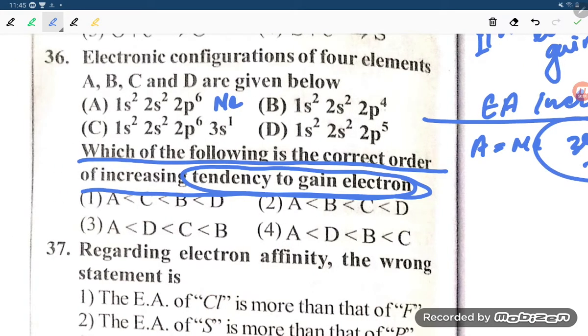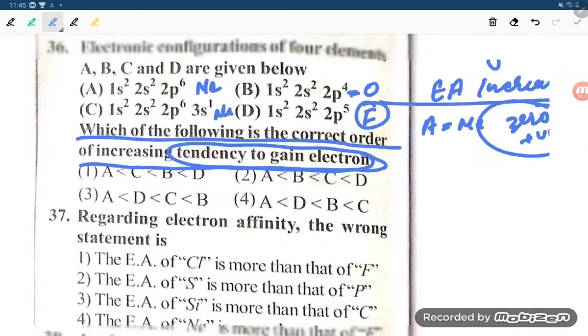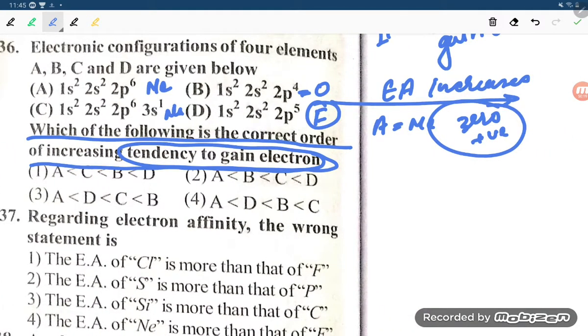Next one is 1s2 2s2 2p4, this is oxygen. Next one is 1s2 2s2 2p6 3s1, this is sodium, and 1s2 2s2 2p5 is fluorine. Left to right, it increases. So see the order they have given. D is the highest.